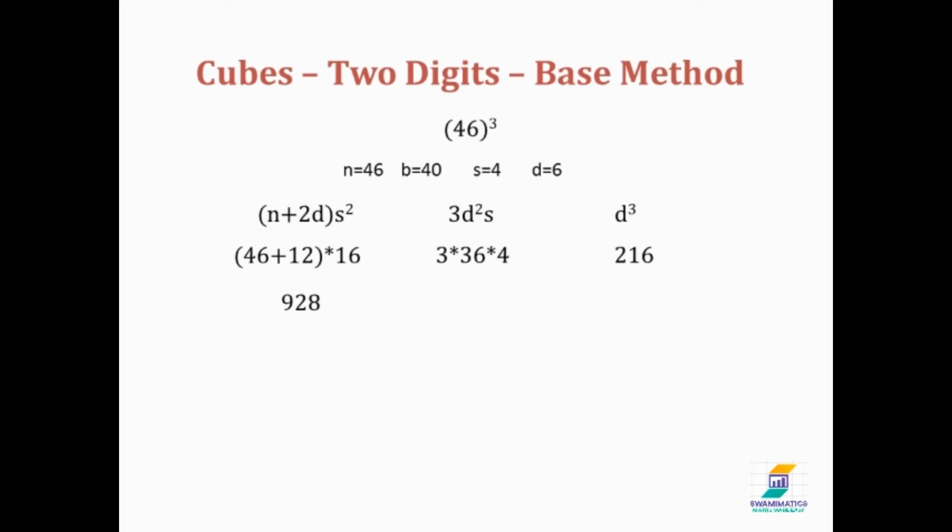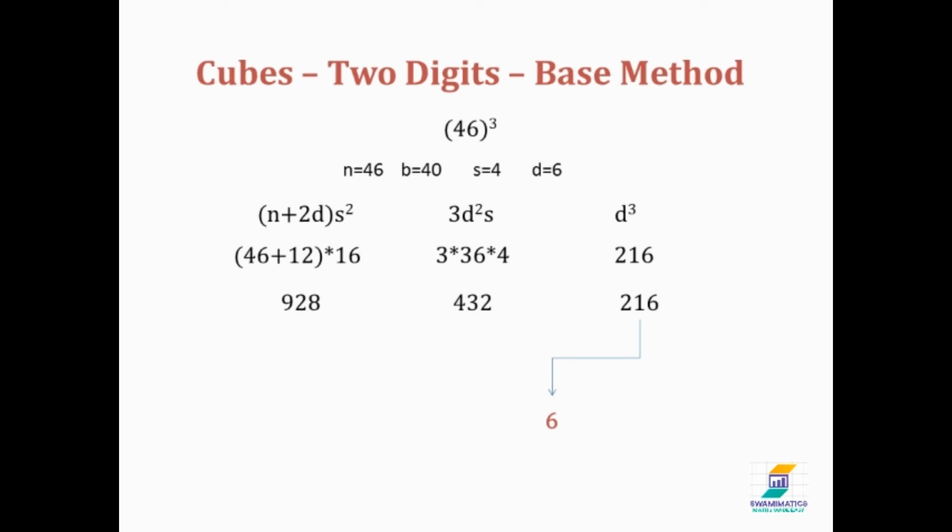And when you look at the next number, 3 into 4 is 12. 12 is nothing but 6 into 2. So you can say it is 6 cube into 2. 6 cube is 216. 216 into 2 is 432. The next one is 216.